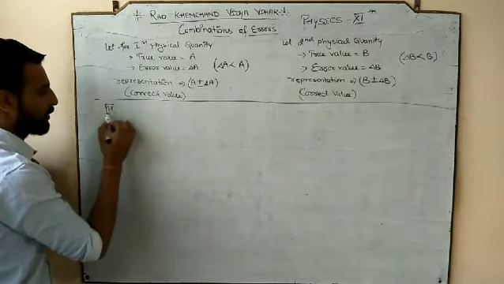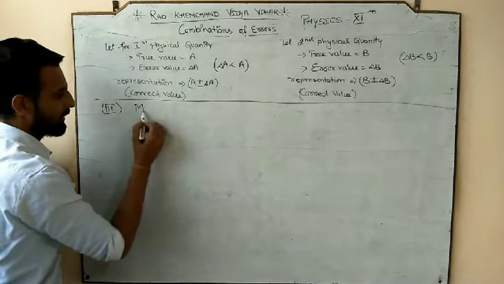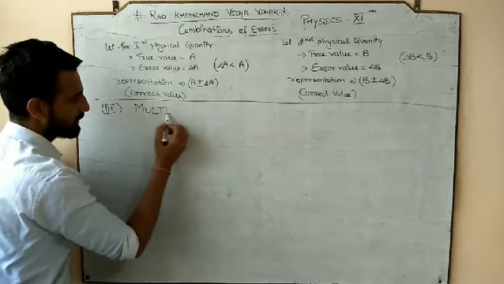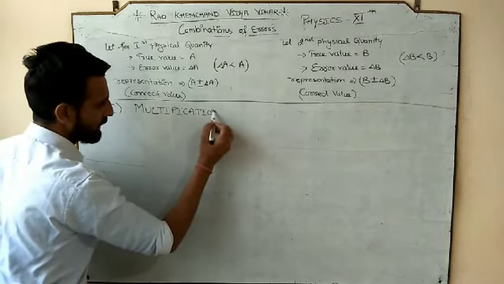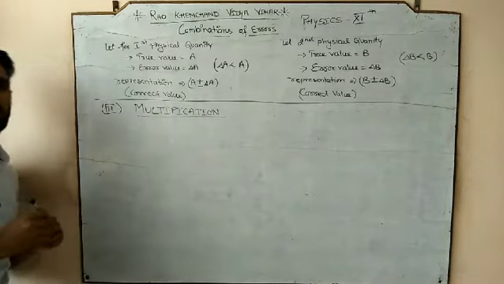Let's do the third operation, and that third operation is multiplication. Let us multiply both the physical quantities.